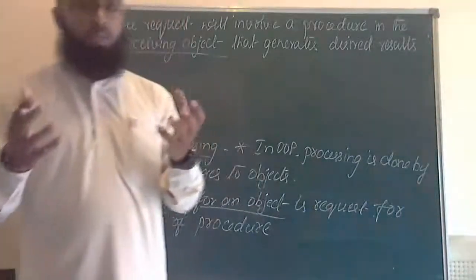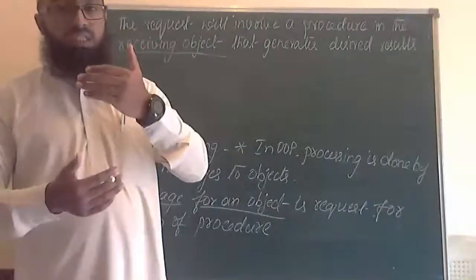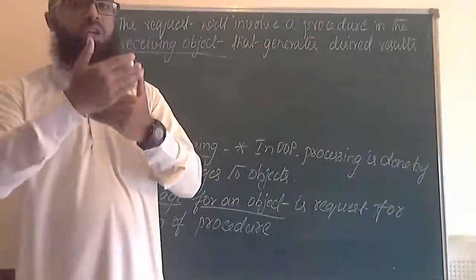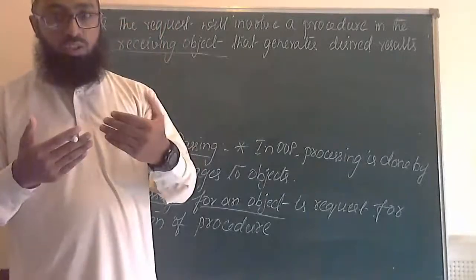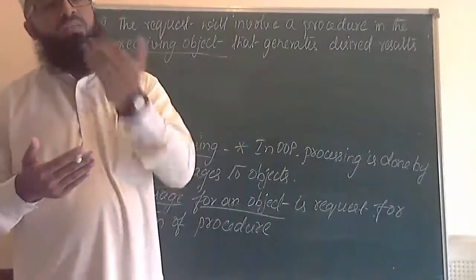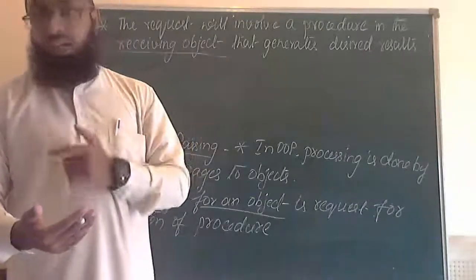In simpler terms, there are two objects in a program. One object will pass a message to the other object so that it can complete its execution, and that object will send a message to the next object so that it can complete its execution.